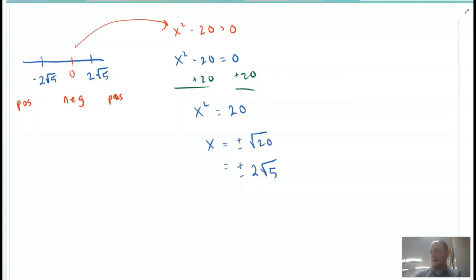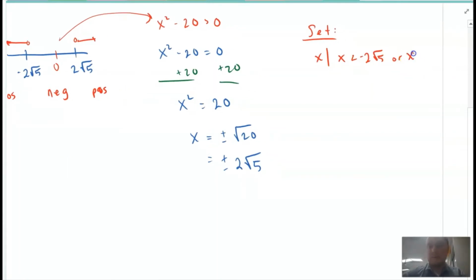Okay, so, sorry, I'm looking at my notes. Set. Right, and think about it like this. Okay, so x values such that x is less than negative 2 root 5, or x is greater than positive 2 root 5.